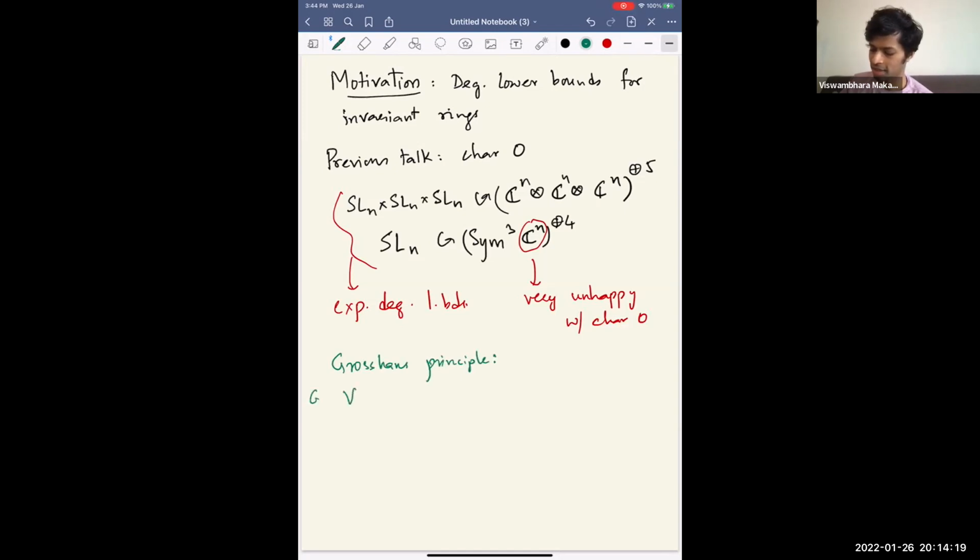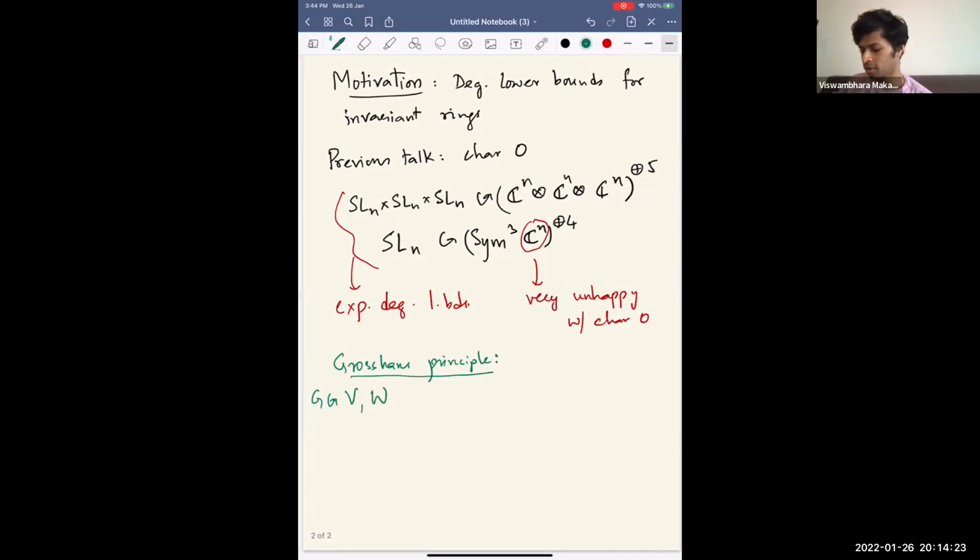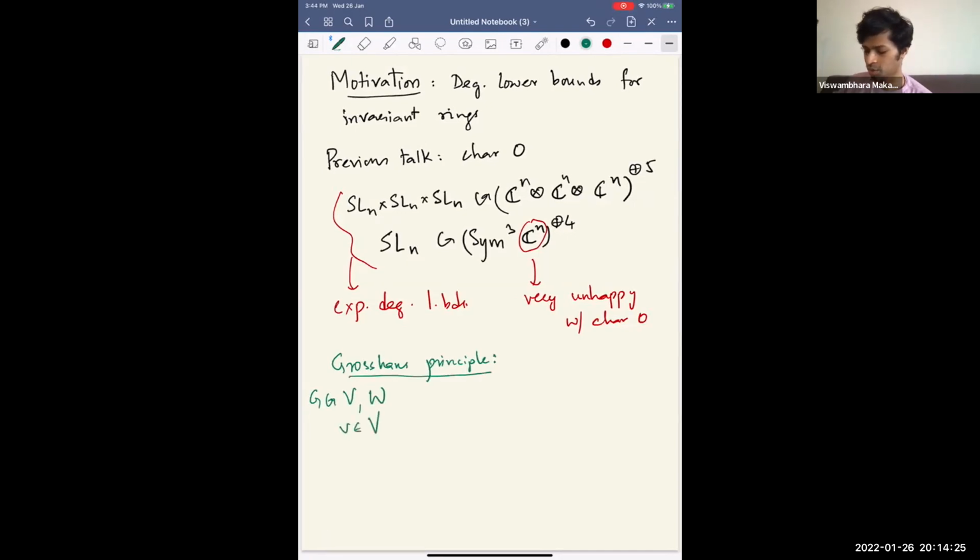You had some group acting on V and W, two different representations. I took some point in the first one with a closed orbit, whose stabilizer was H. Then you have this surjection between invariant rings, and so the degree bound here would be larger than the degree bound there.